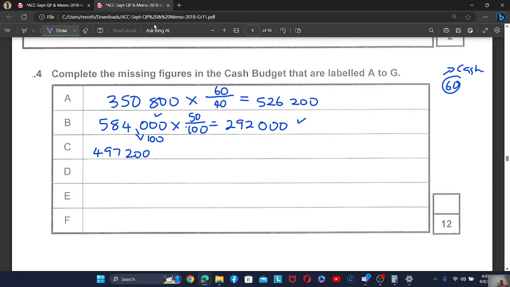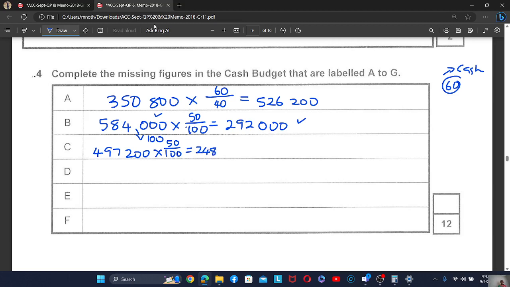Now, what we want is the credit purchases. It's 50 over 100. How much is that? It's 248,600.